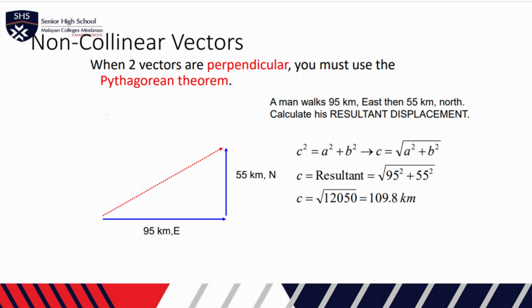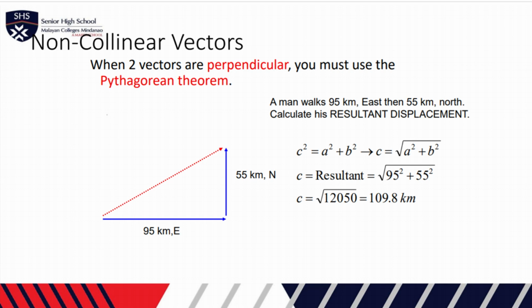And we can solve for the parts of a triangle through the Pythagorean theorem. If you can still remember the formula for the Pythagorean theorem, it is c squared is equal to a squared plus b squared.